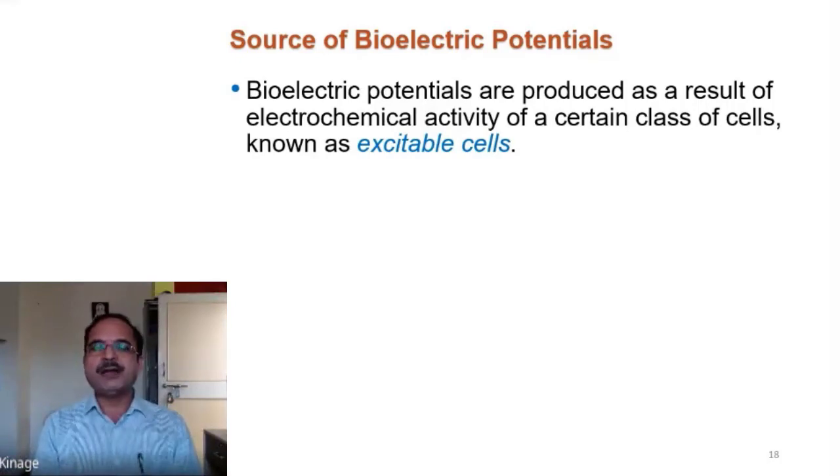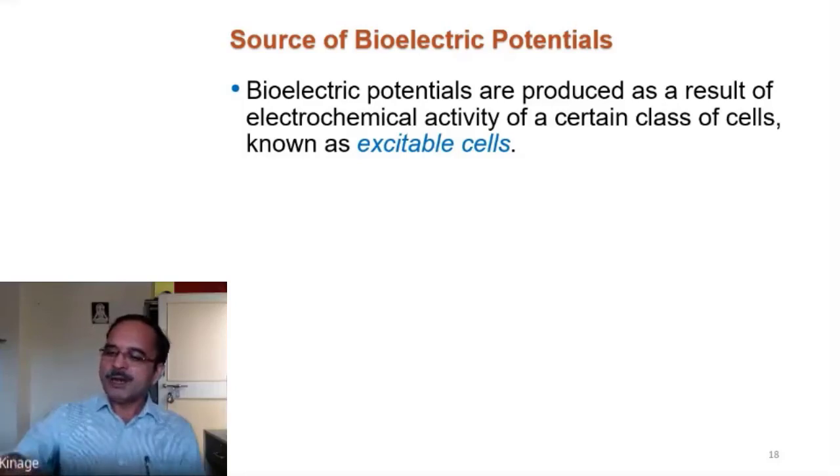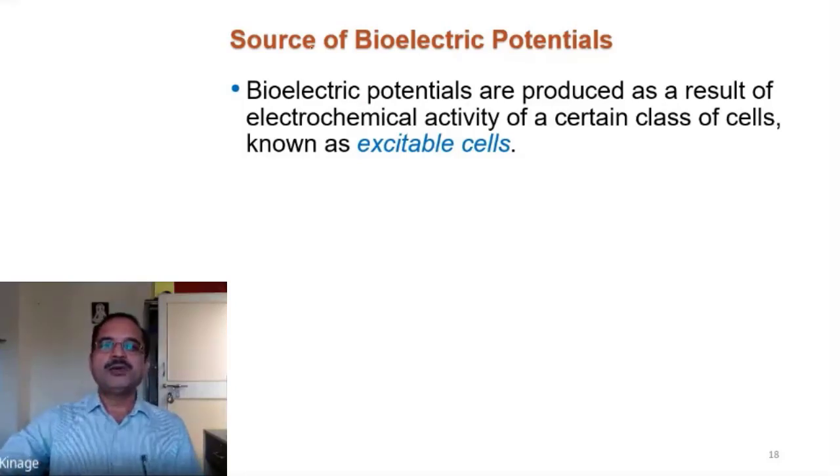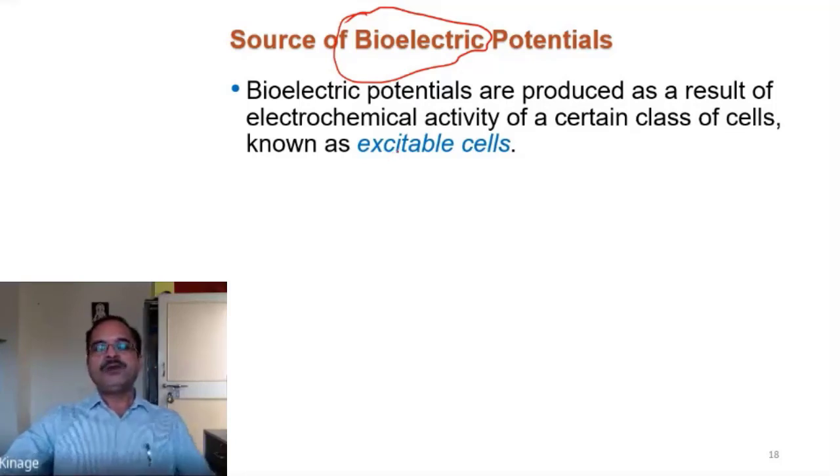And out of that, I told you, for us the important signals are the bioelectric signals. Important means, as far as our syllabus is concerned, we'll be studying bioelectric signals. Now we are going to study in detail about these bioelectric signals: how exactly they are produced, how they are measured, and how these signals are processed. So that is actually our subject.